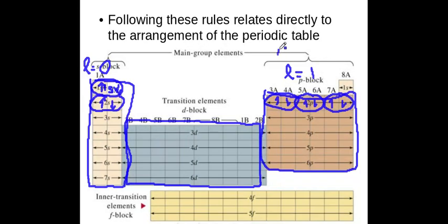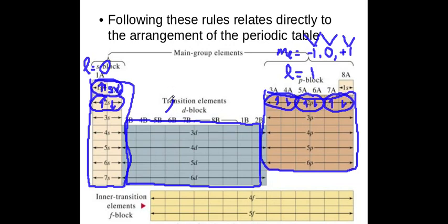If we had an ML value, if the shape is 1, we know there are 3 possible orientations for an L value of 1. We could have -1, 0, and 1. That's 3 orientations, and each orientation can hold 2 different electrons, each with a different spin. So that's 6 spots. So that is the P block there. When L equals 1, we're talking a P subshell, and there's 3 orientations, 2 spots each. That's 6 wide in terms of how many electrons you can fit there.